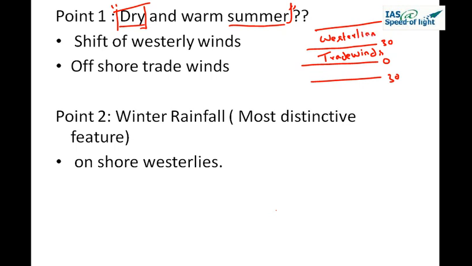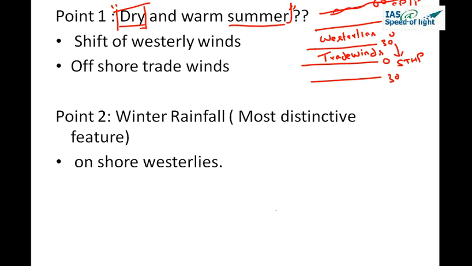And this 30 degrees is the subtropical high pressure belt, and the 60 degrees is the subpolar low pressure belt, right?